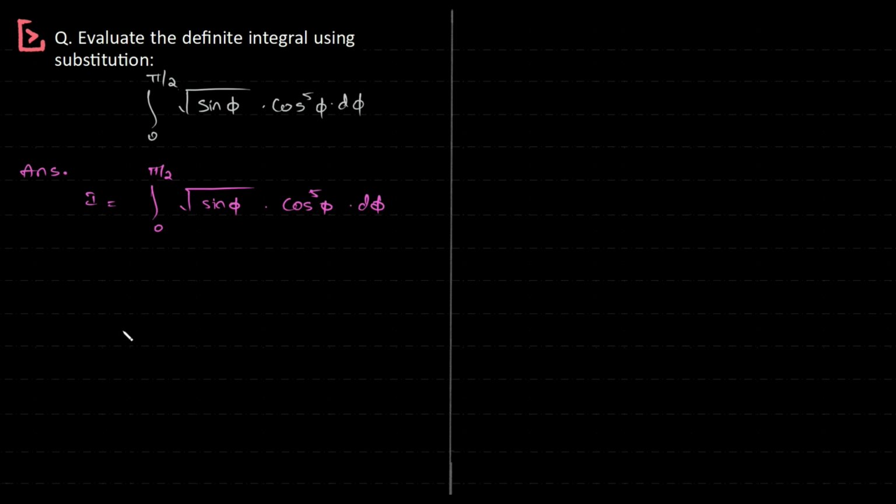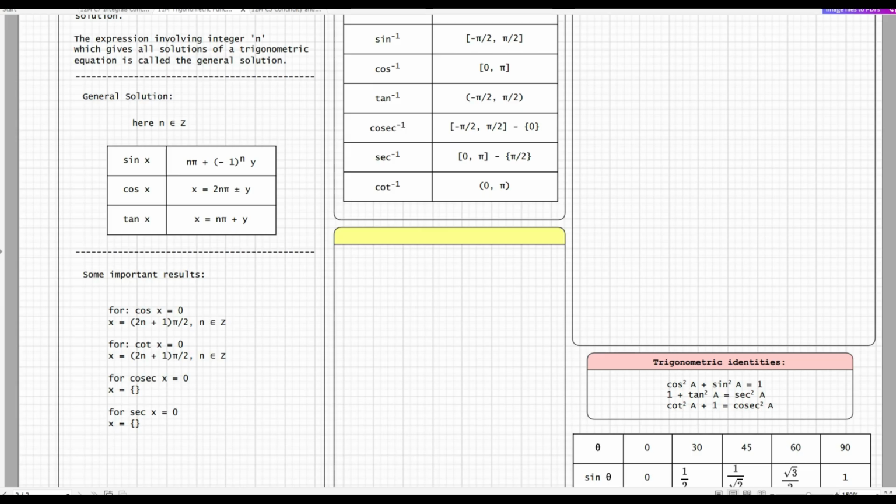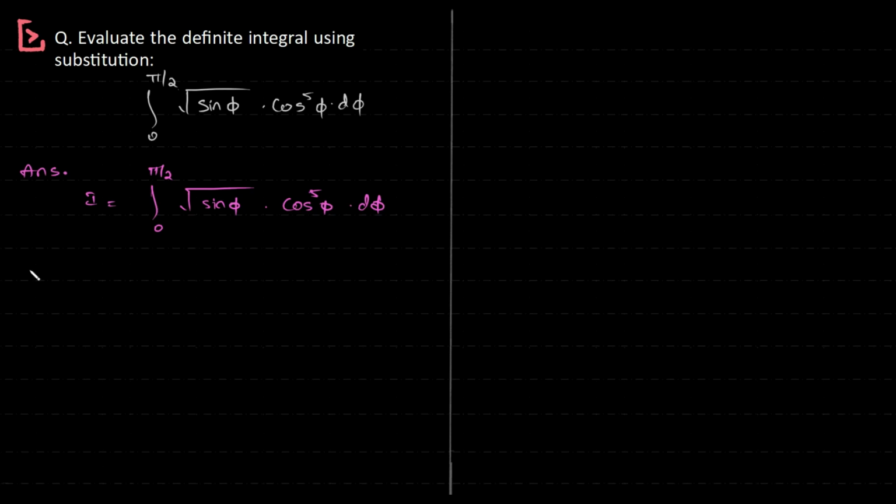Yes, we have to make use of a trigonometric identity. But how? Along with our exponents, let me do this for you. I'm going to consider cos to the power of 5 phi.